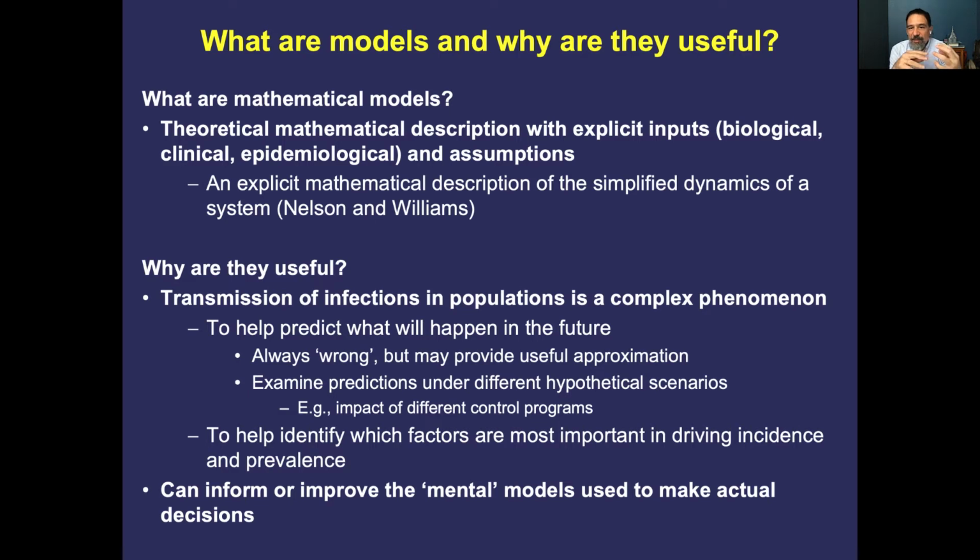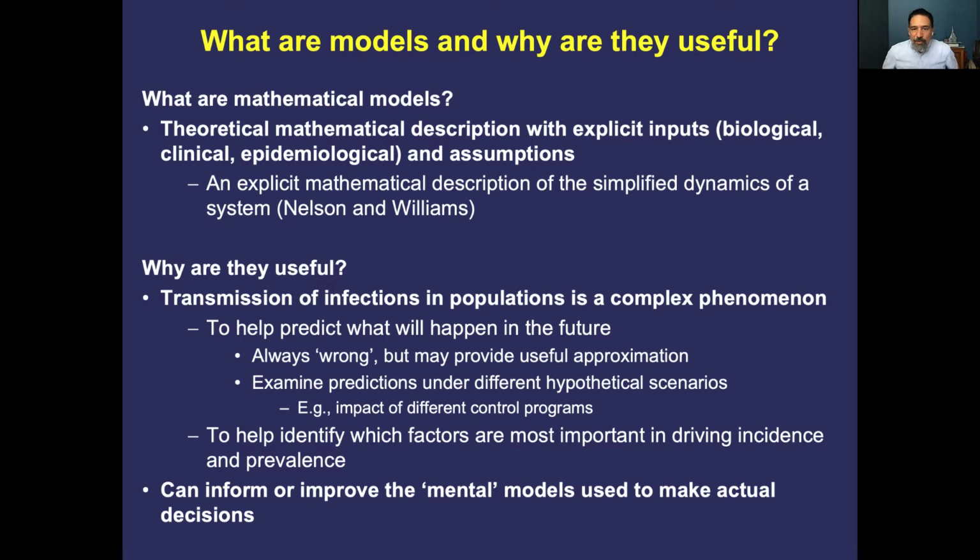So they take these very complex systems and simplify them in ways that try to use mathematics and statistics to make predictions about how the infectious diseases will behave in populations in the future, going forward, or under different circumstances.